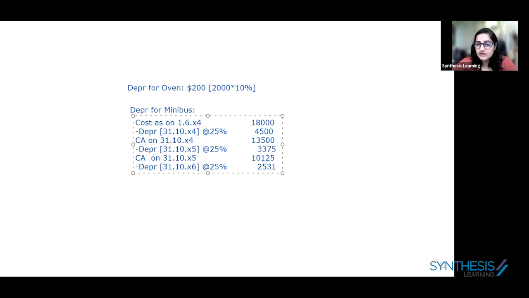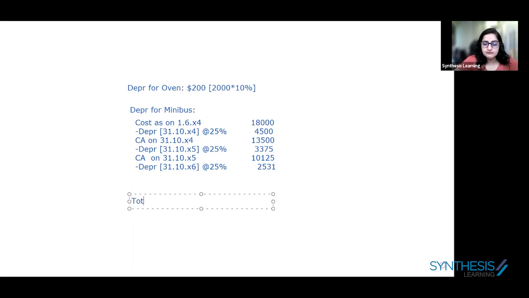Okay, but did you subtract 33 or 32? 33. Yeah, correct. Okay. So 2531 is the depreciation finally for the third year on the minibus. This is what we wanted. So 2531 plus 200. How much is the total depreciation? 2731. Charge.